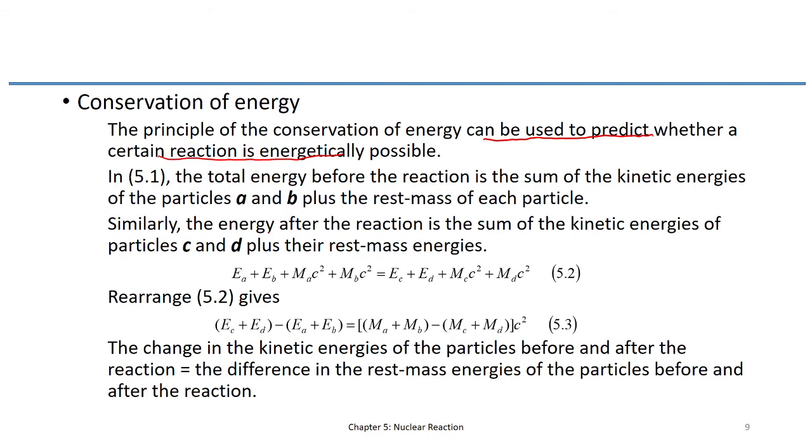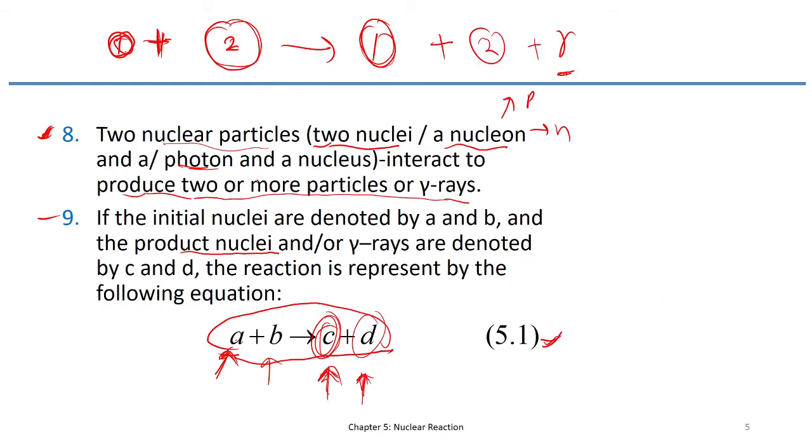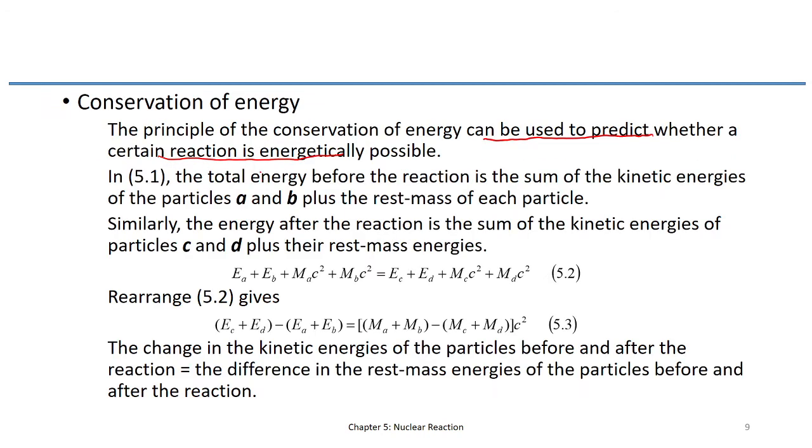So in equation 5.1, A plus B gives C plus D. The total energy before the reaction, possessed by A and B, involves the sum of the kinetic energy of particles A and B and their individual rest mass energy.